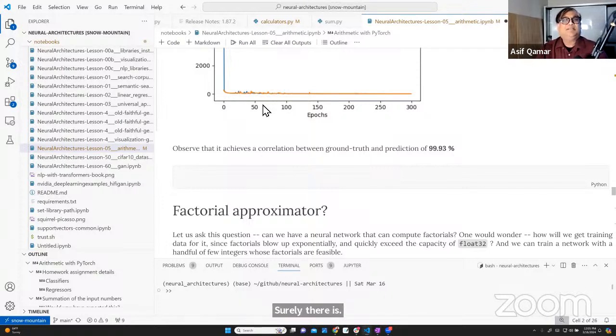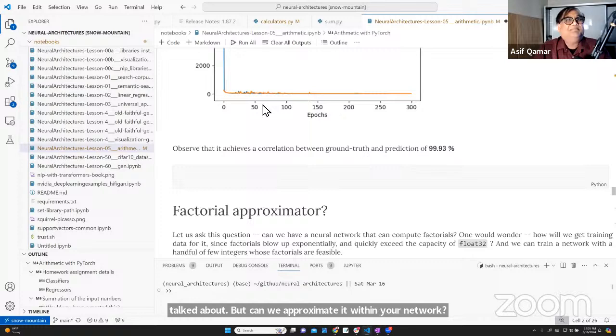Literally that function that we talked about. But can we approximate it with a neural network? It should definitely be possible. But there is a practical problem. What's the practical problem? To train a neural network, you need sufficient data, isn't it? Training data. But by the time you reach n equal to 20 or n equal to 30, you realize that your output is huge, isn't it?